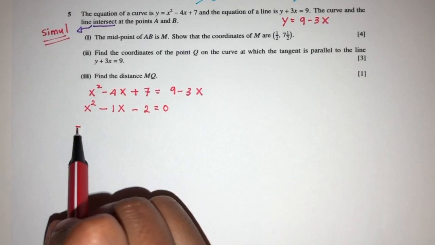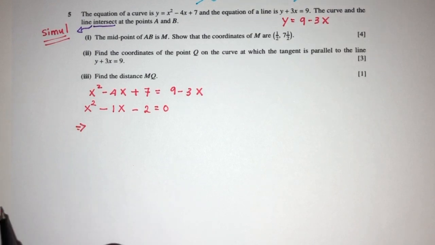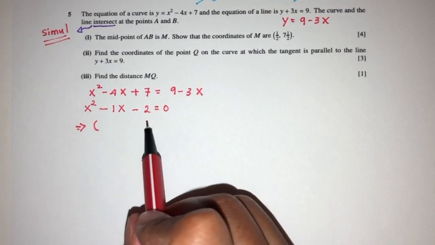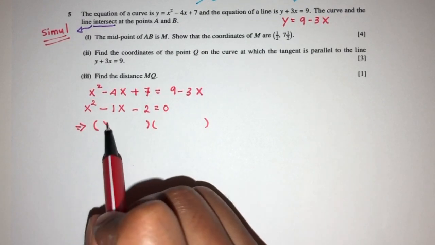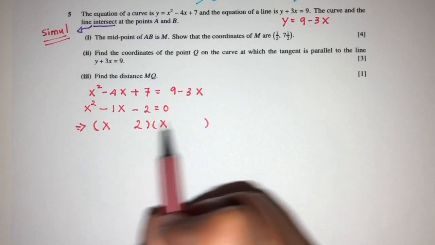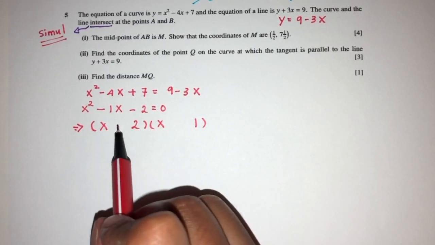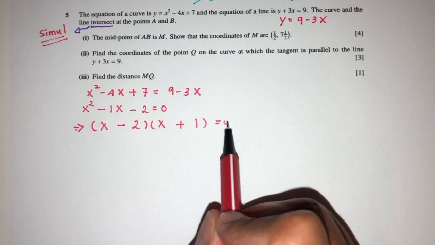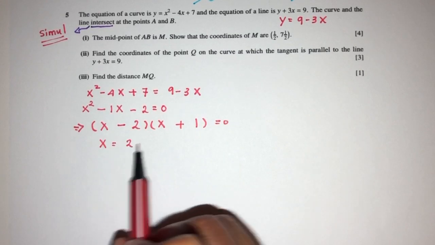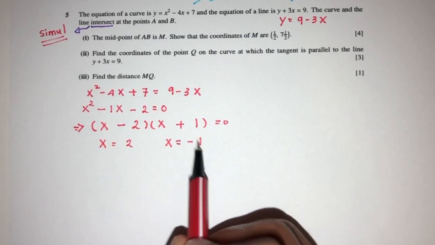So now in this case, we can use factorization to see what happens. That will be (x minus 2)(x plus 1), since minus 2 is minus 2 times plus 1. So x will have to be the value of 2, and x will be minus 1.